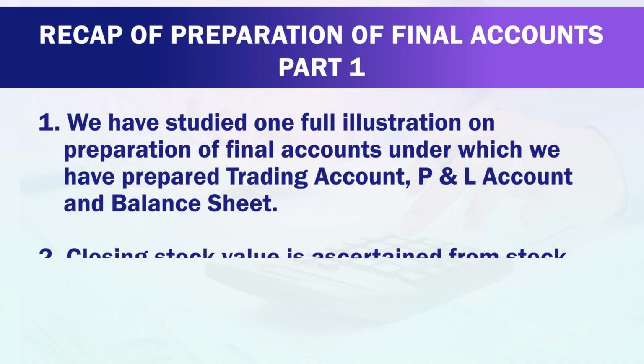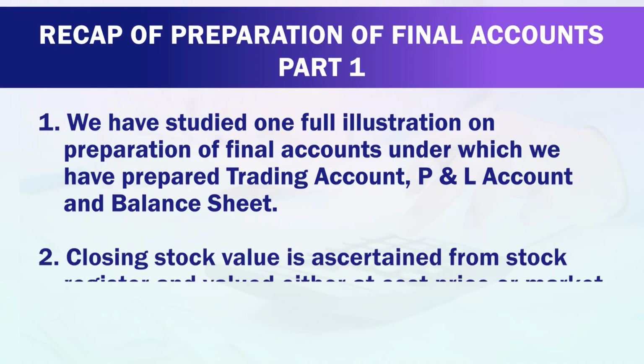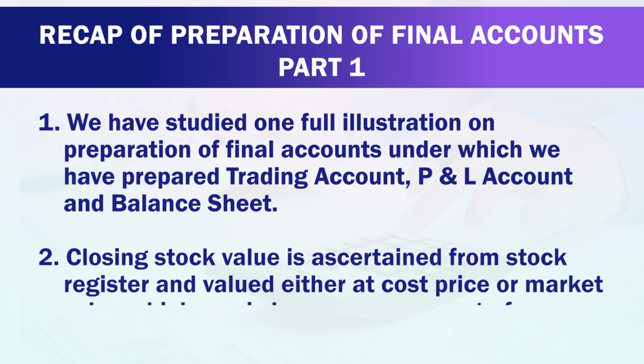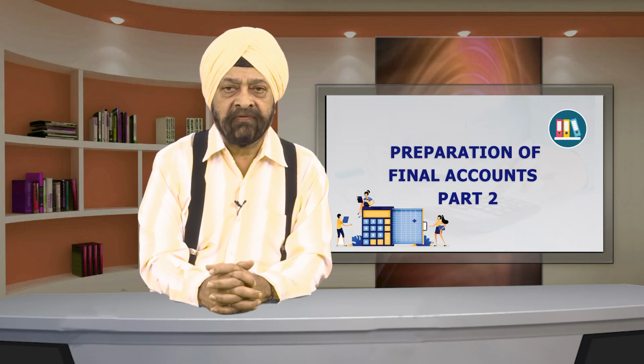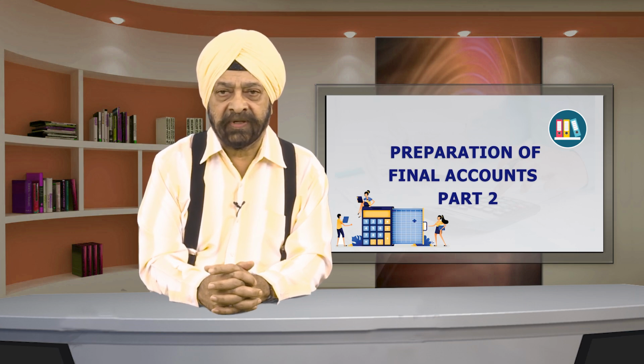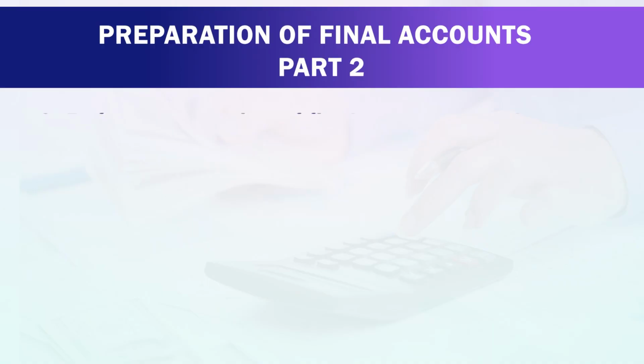Number 2 is closing stock is ascertained from stock register and valued either at cost price or market value, whichever is less as per concept of conservatism. When no other information is available for value of closing stock, it will be assumed that both cost price and market price are same.